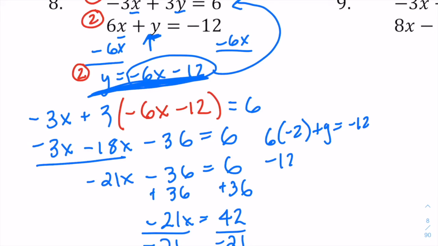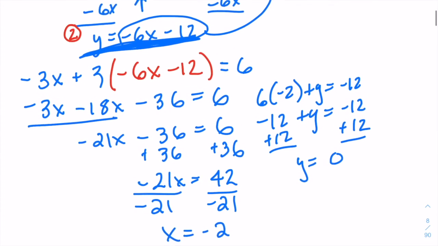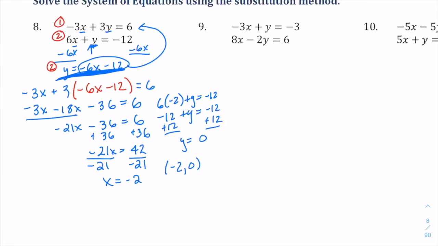So negative 12 plus y equals negative 12. Well, that's odd, but don't be afraid. 0 is still a number. So we got 0. We could plug it into the other equation. Just for time's sake, I'll leave that exercise for you. So our answer here is negative 2 comma 0. Great. Let's just go ahead and look at one more example before we move on to some different cases here.